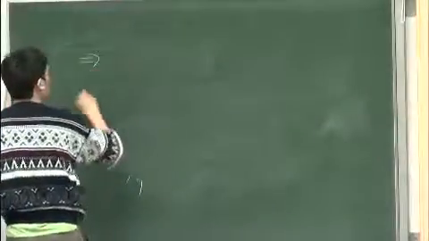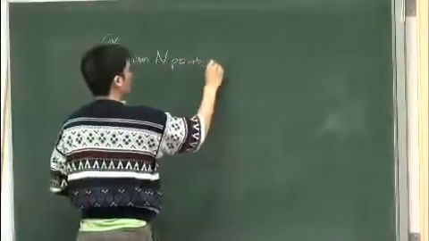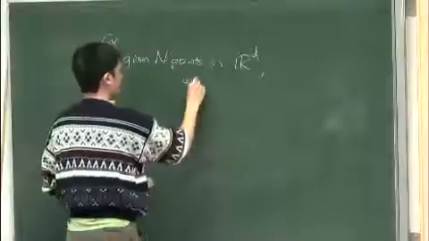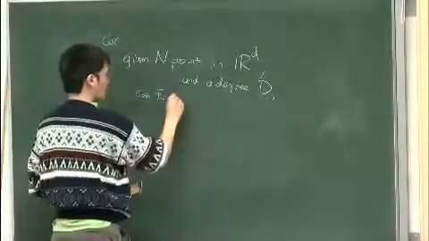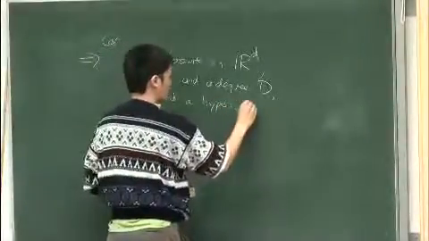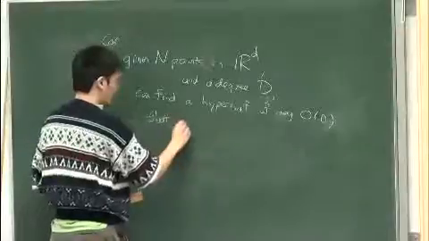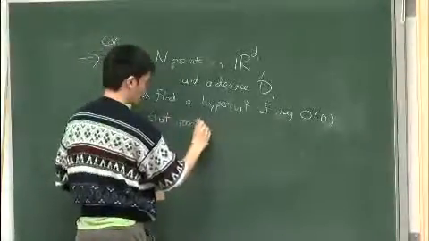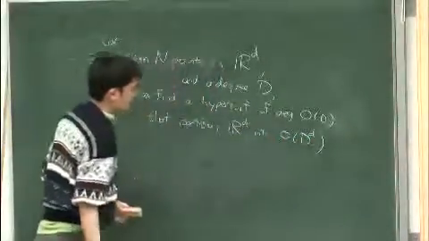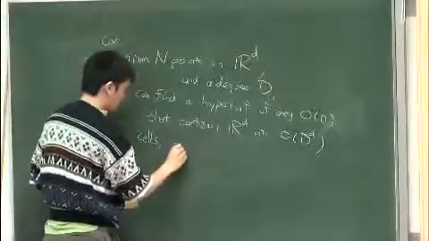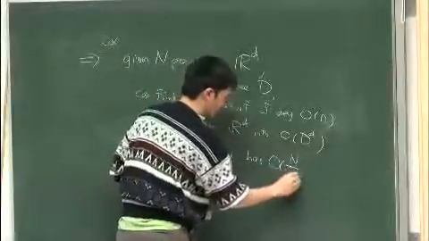And so one corollary is that given n points in Euclidean space and a degree d, you can find a hypersurface of degree about d that partitions R^d into a certain number of cells, about d to the d cells, turns out, each of which has about n over d to the d points.